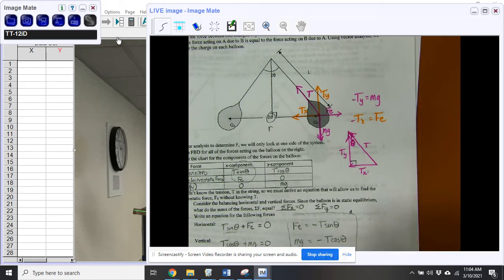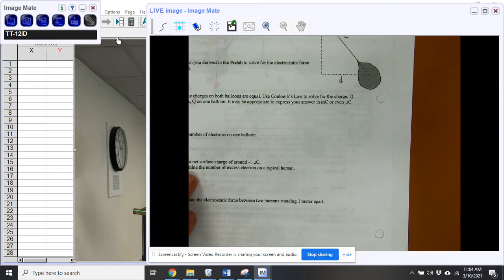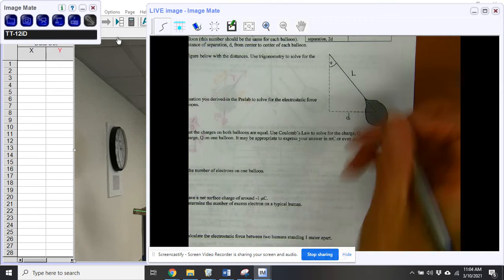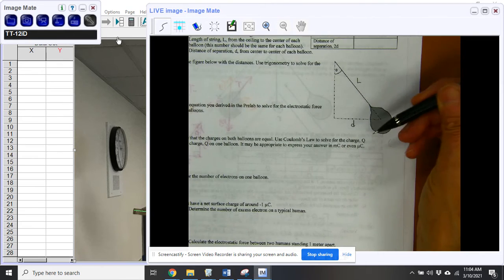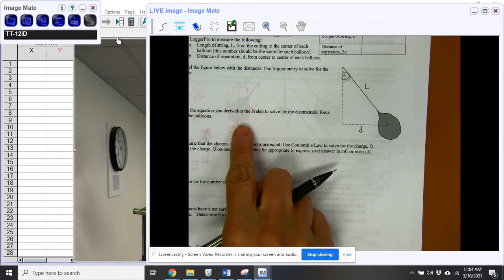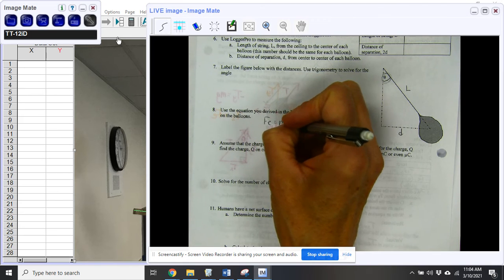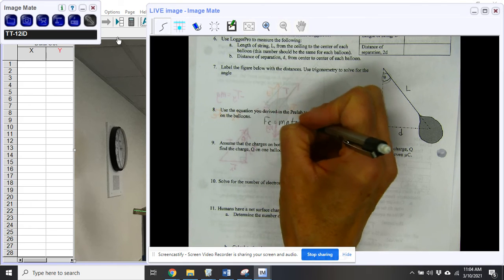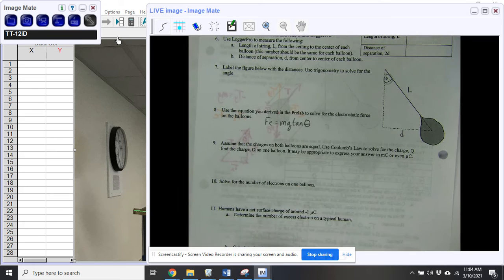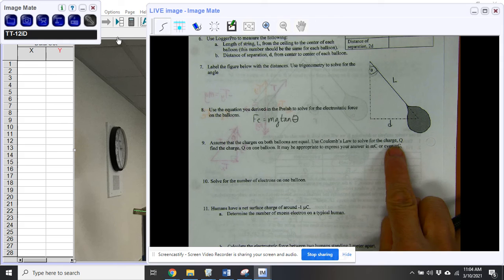So in order to find theta, you can use some trig to solve for theta, and then you can use the equation Fe is mg tangent of theta to solve for the electrostatic force. Then you can use Coulomb's law to solve for Q.